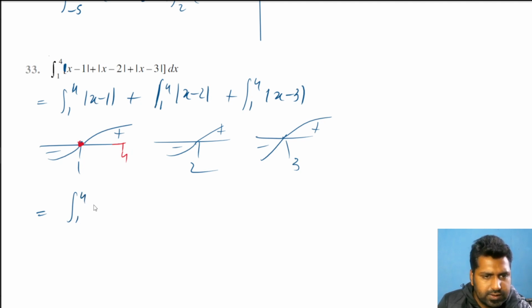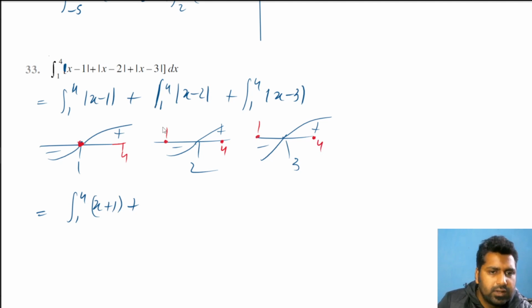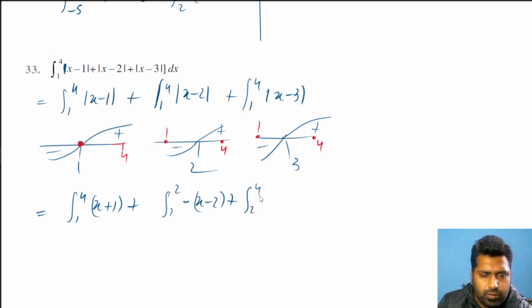So 1 to 4, this is positive x plus 1. But for this, 1 will be less than 2. So 1 to 4 will be like this. Here also 1 to 4 will be like this. So the second one will break in two parts, 1 to 2 with the negative sign, 2 to 4 with positive sign.